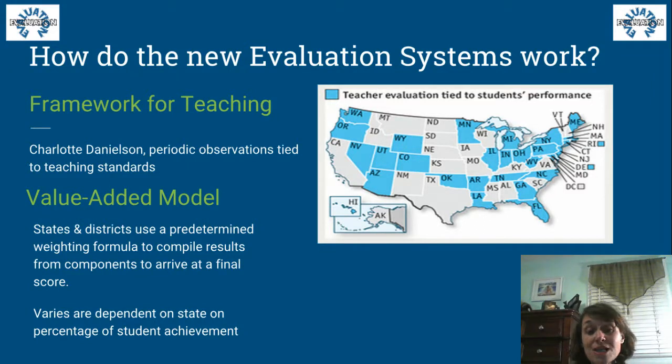And this is where states and districts used a predetermined weighting formula to compile results from components to arrive at a final score. But these vary depending on state and percentage of student achievement. So the value-added models, or VAMs, are going to vary state to state depending on what percentage is deemed by that district to be performing or underperforming.